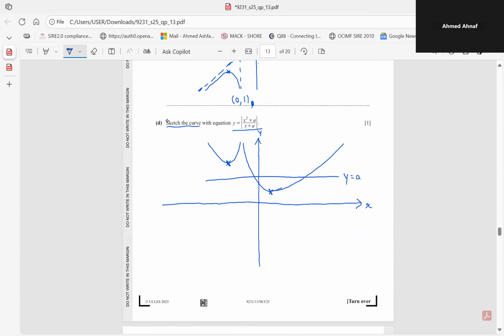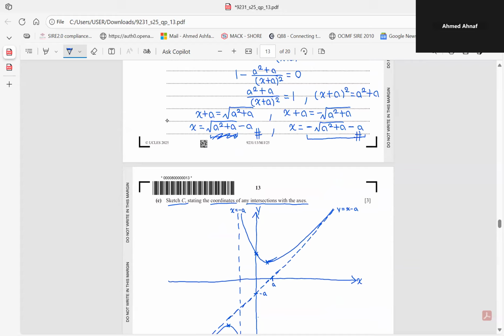Sorry, shoot. So a squared. Oh my, this is tough. Okay. Mm, all right. For two solutions.